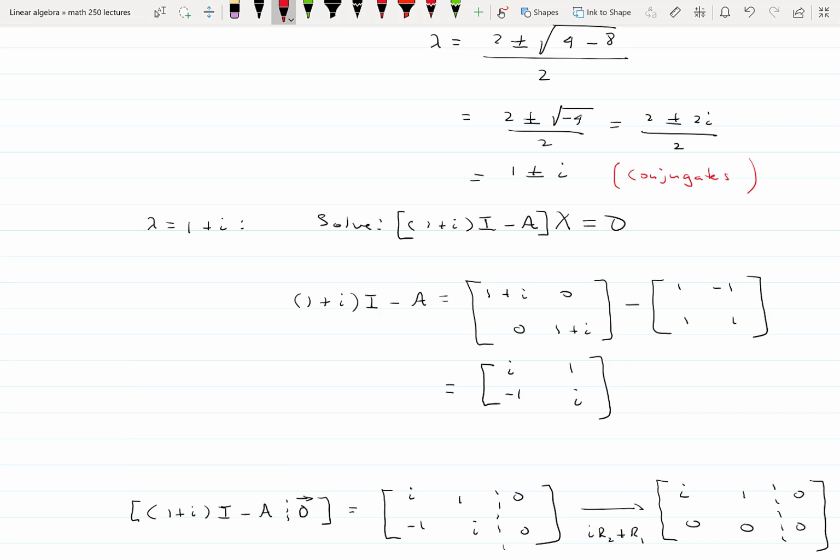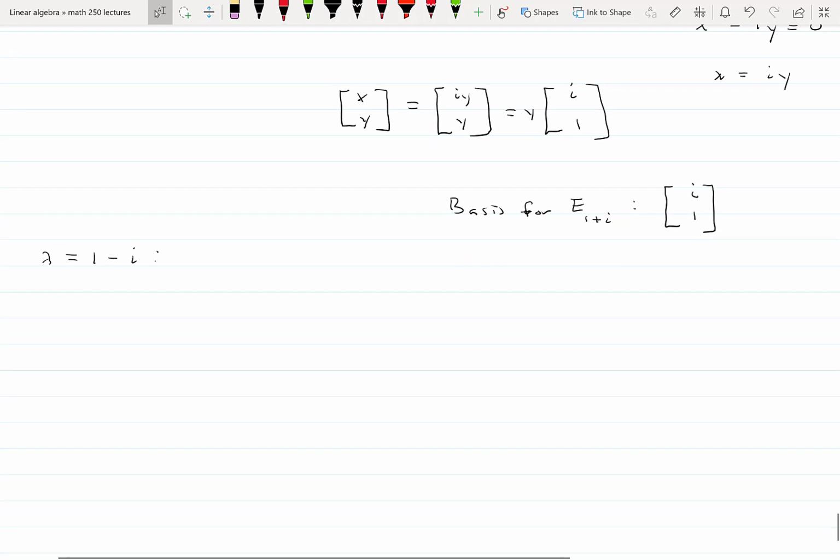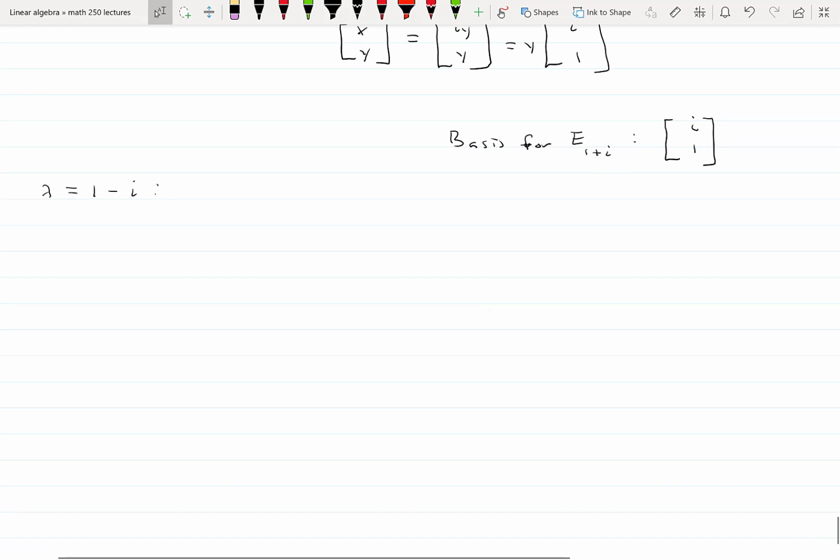If a plus bi is a solution to a polynomial equation with real coefficients, then a minus bi is also a solution. The same thing happens with the eigenvalues. Since the eigenvalues are just roots of a polynomial equation, they occur in conjugate pairs. That's not the nice thing. The nice thing comes fairly soon.